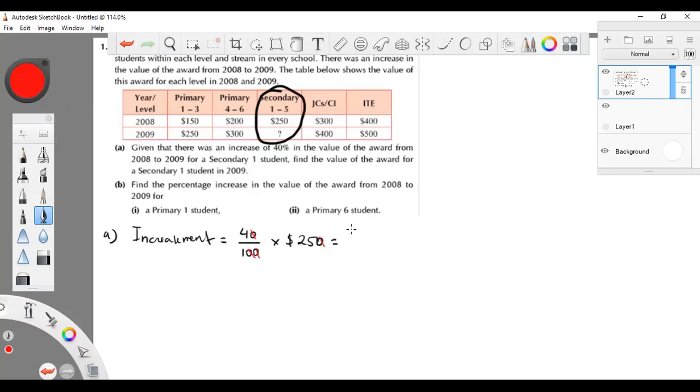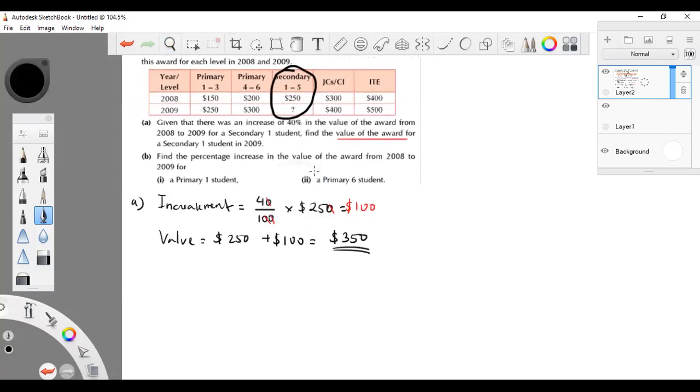So the increase is $100. Again, this is the increase, but the question is asking you for the value of the award. So the value will be $250 plus $100, and you will get $350 for the award.